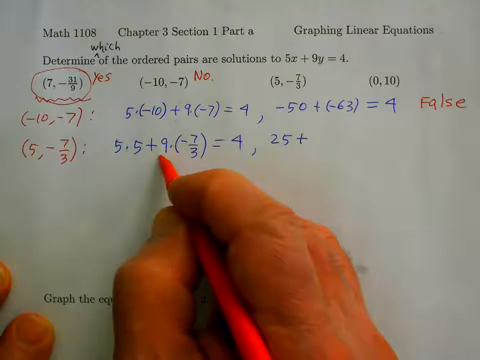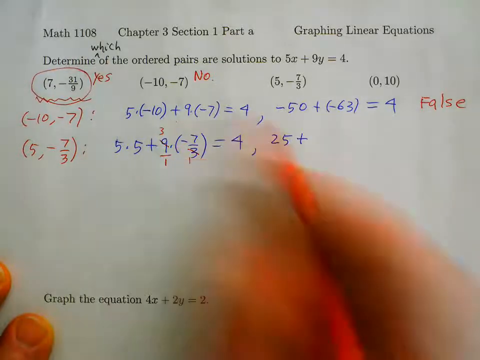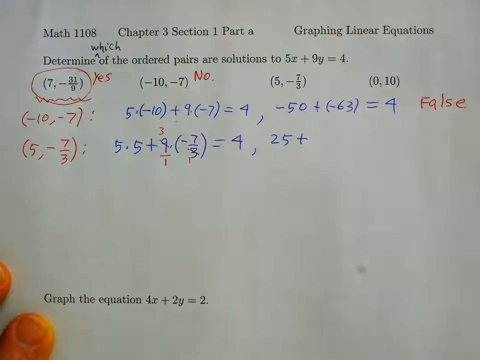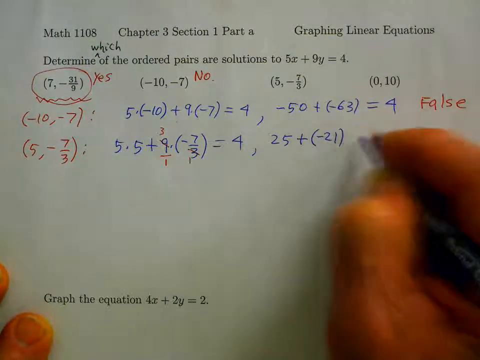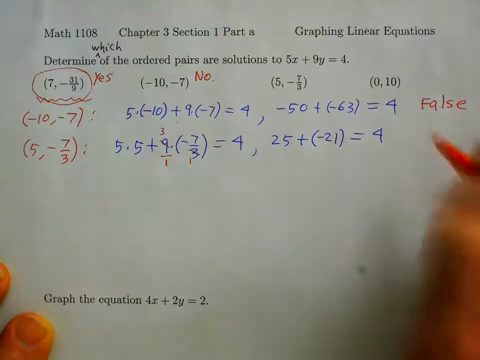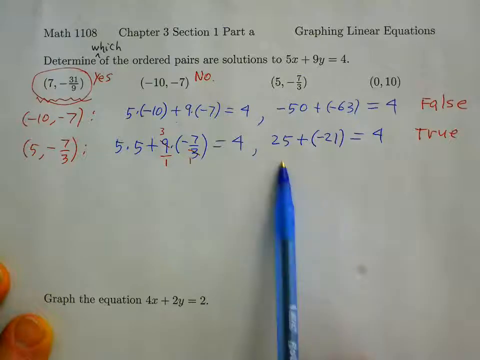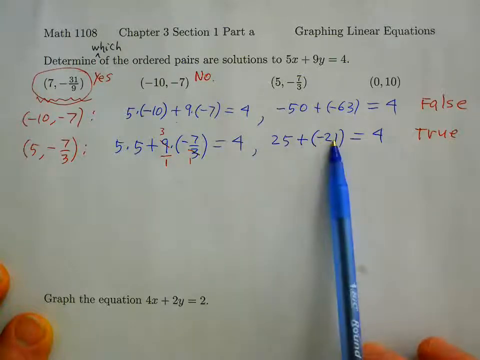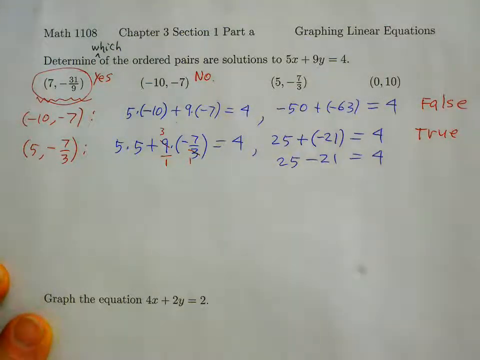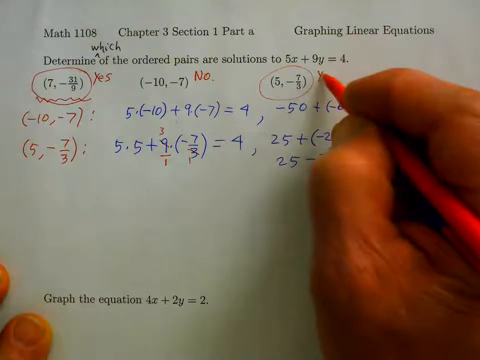You can think of 9 as 9 over 1. 3 goes into 3 once, and 3 goes into 9 3 times. So we're going to add 3 over 1 times negative 7 over 1, or we're going to add negative 21. And 25 plus negative 21 equals 4. That is true. So another way to write 25 plus negative 21 is to write it as 25 minus 21. Okay, so this ordered pair, 5, negative 7/3, is a solution.